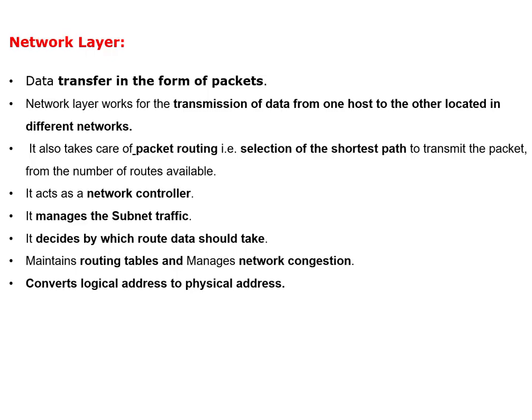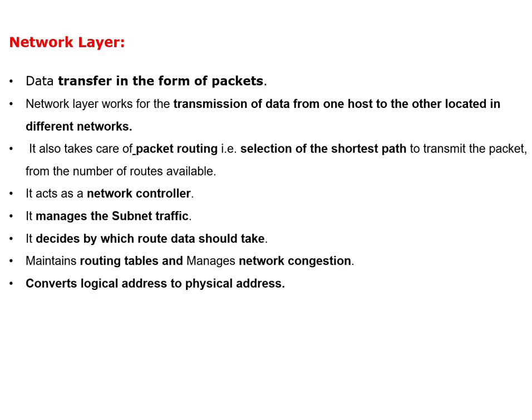One more important functionality is network control over subnet traffic. During transmission of data, we need to manage the subnet traffic also. It is also one of the major functionalities. It decides which route should be taken to safely deliver packets.